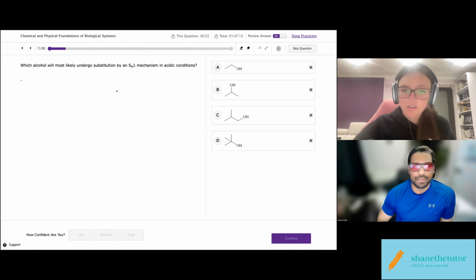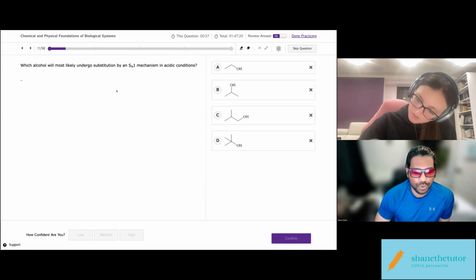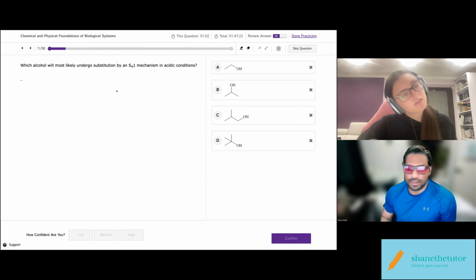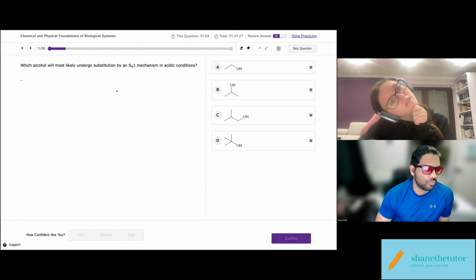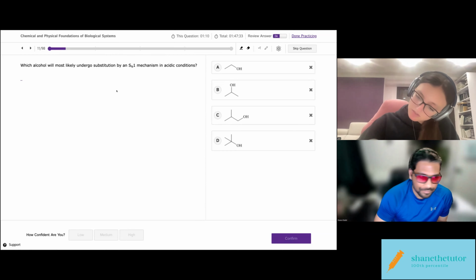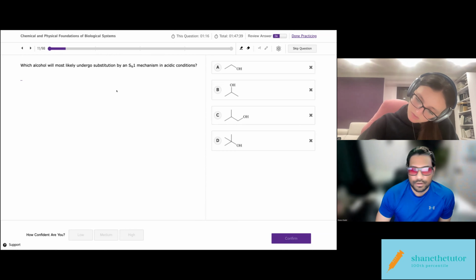But basically SN2, SN1. SN2 is a little weird because the two comes from kinetics, rate law stuff. SN2 is one step that involves a backside attack by a strong nucleophile.